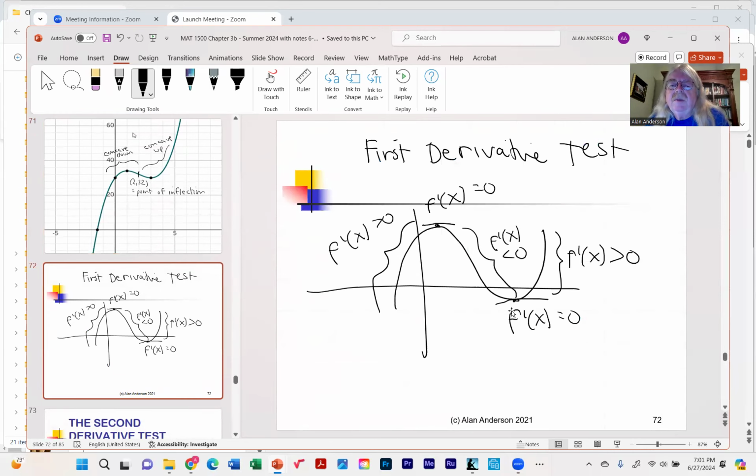So now, by the way, this is just a little reminder of how the first derivative test works. We know that our critical points occur when the first derivative is equal to 0, which means they could be maxima, minima, or possibly neither. So we can check by looking at the signs of the first derivative on either side.